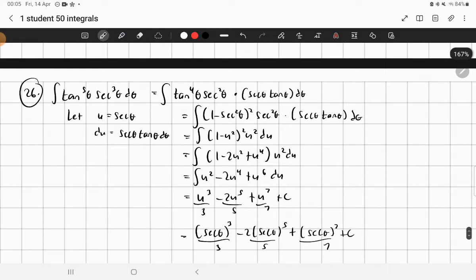Right, that should be the answer. Let's check it out. Tangent x to the power of 5 times secant x to the power of 3. Right.